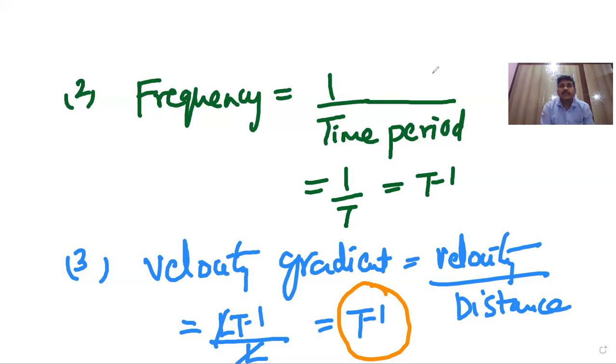The third one, velocity gradient, we have seen. The fourth parameter I would like to take up is angular frequency.